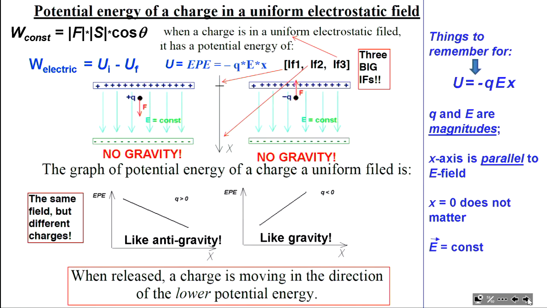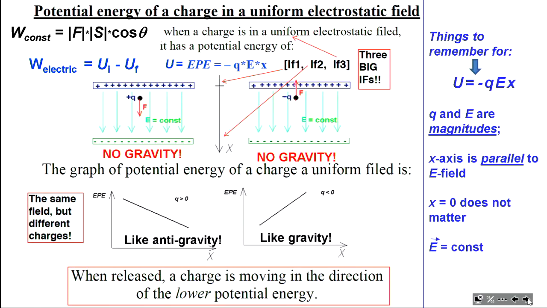And we can see that for electric charges, when they are released from rest in electric field, they behave in the same way like a ball released under the force of gravity.